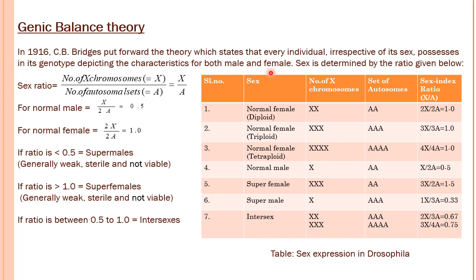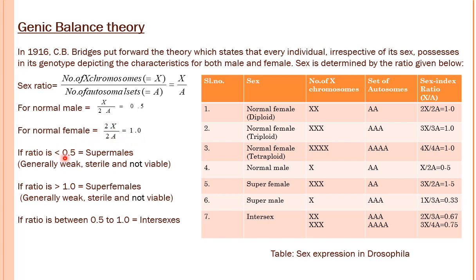In Drosophila, genes for maleness are present in autosomes, while for femaleness in X chromosomes. Sex is determined by the ratio given below. Sex ratio is equal to number of X chromosomes by number of autosomal sets, which is shown as X by A. For normal male, X by 2A is equal to 0.5, and for normal female, 2X by 2A is equal to 1.